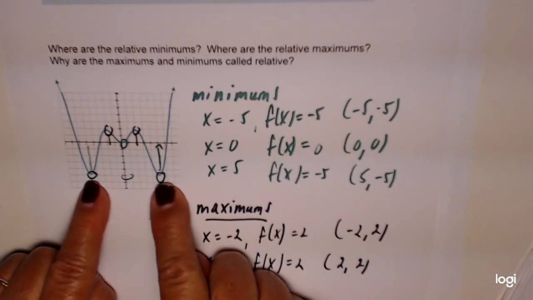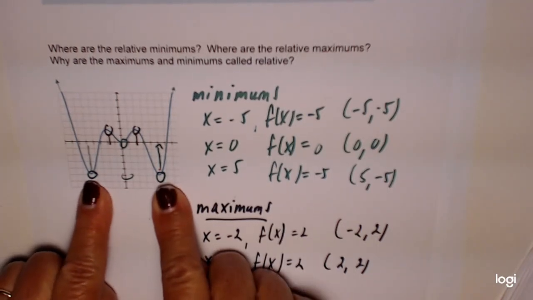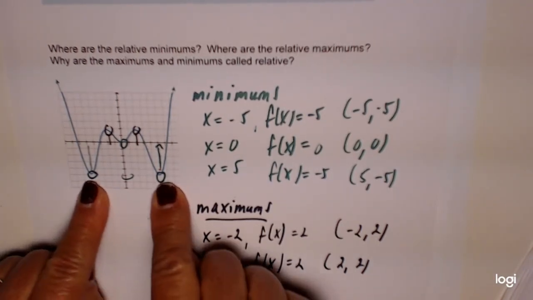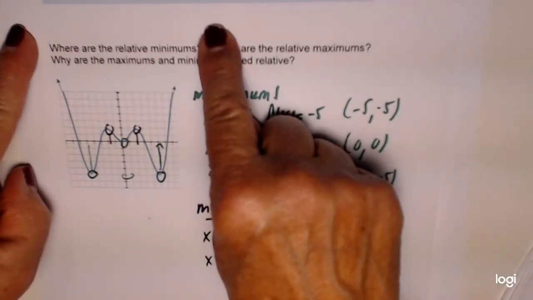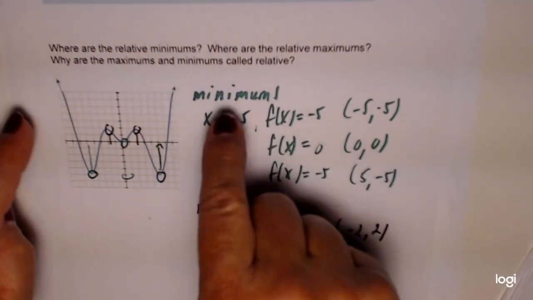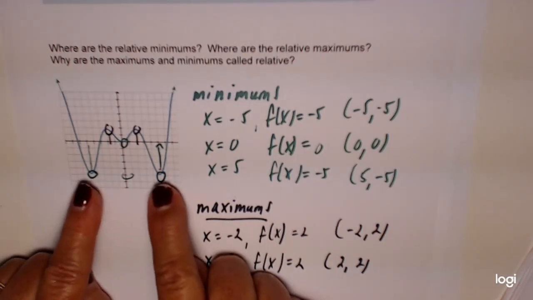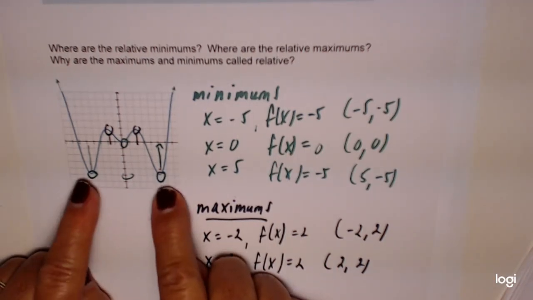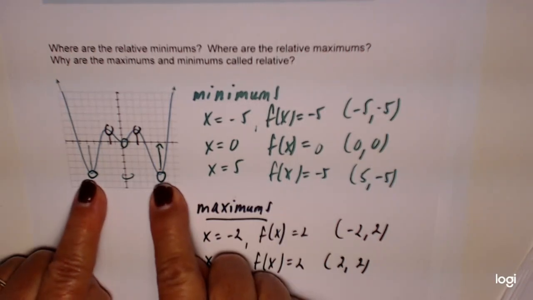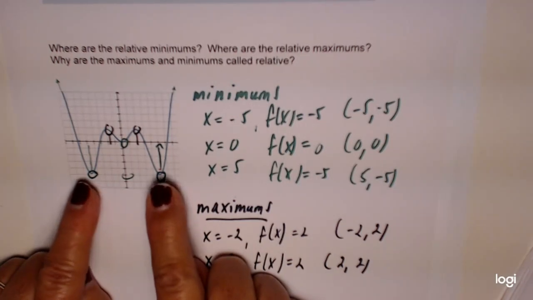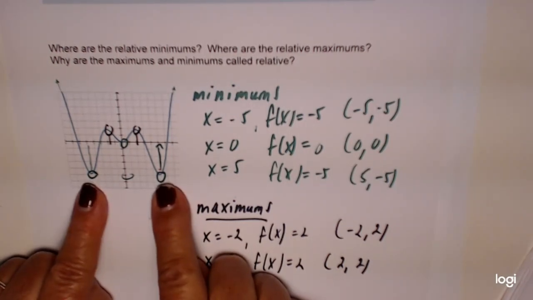These two minimums would also happen to be absolute minimums because our graph continues forever on either side. It's never going to turn around and get smaller again than this. So these are relative, but they're also absolute. There will never be points smaller for this function than these two points.